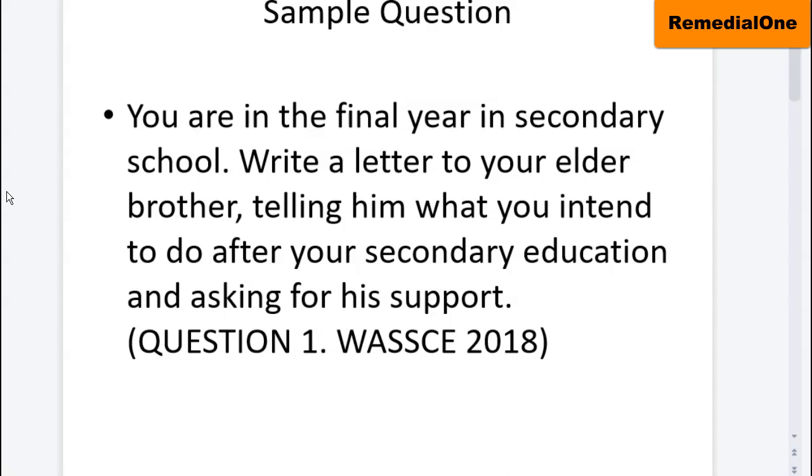Now, what are we supposed to do in this letter? We are supposed to tell our brother first what our intentions are once we're done with our secondary education, because we are final year students, and then go on to ask for his support.